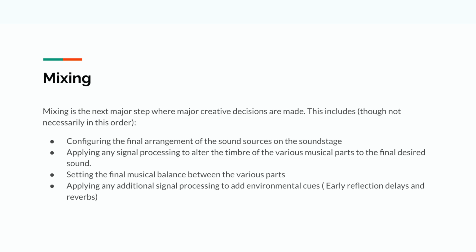And it could include, and usually does include, adding reverb, which is what happens when those reflections have bounced off of enough surfaces and there's enough of those reflections that they fuse and we're no longer conscious of the individual echoes. It becomes that recognizable sound that we call reverb.